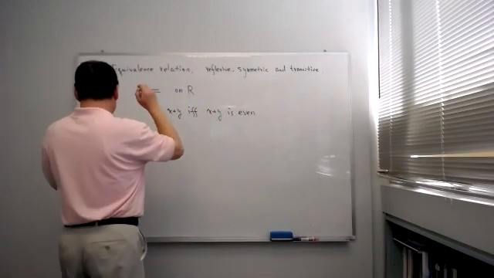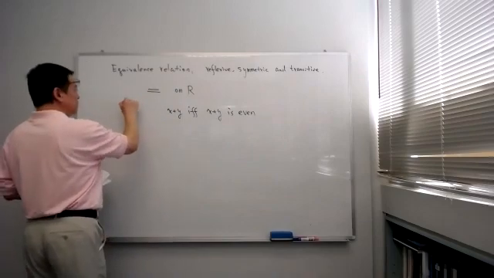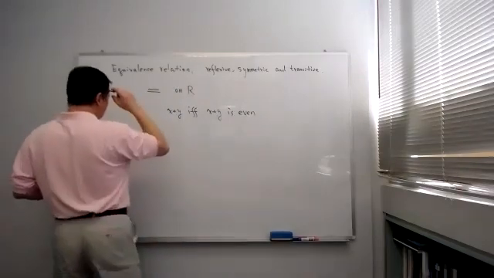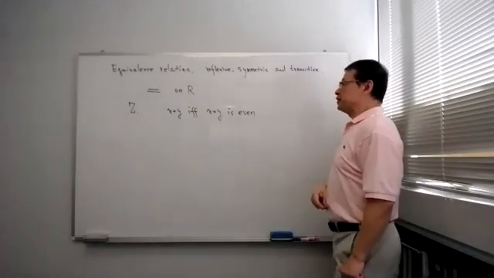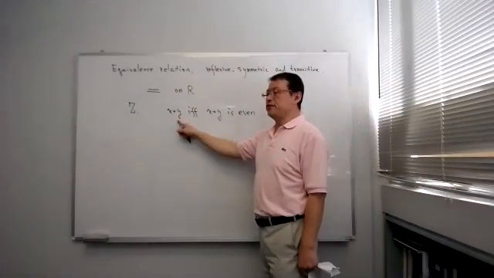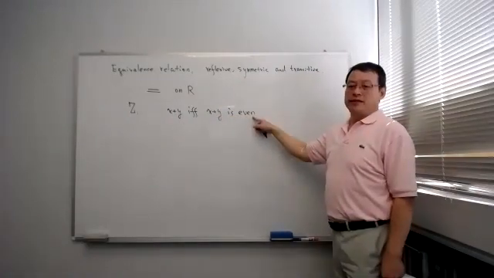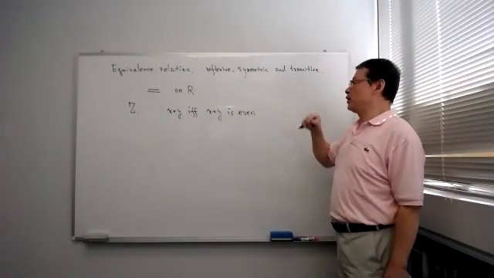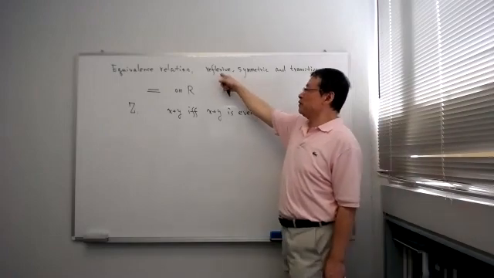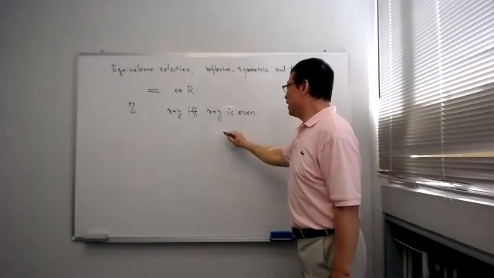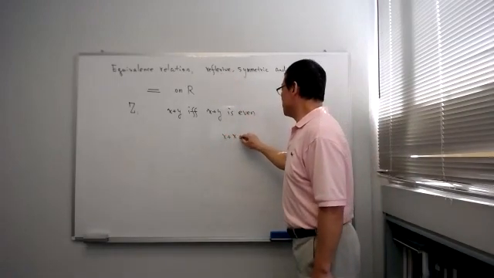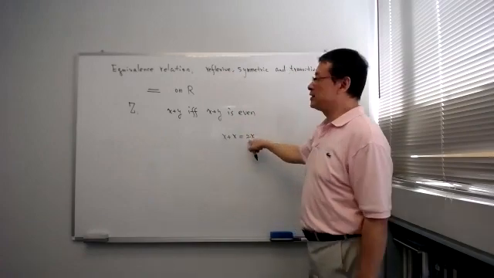So let's say on integers we define a relation so that x is related to y if and only if the sum is an even number. This defines an equivalence relation because certainly it's reflexive: x plus x equals 2x, which is even.